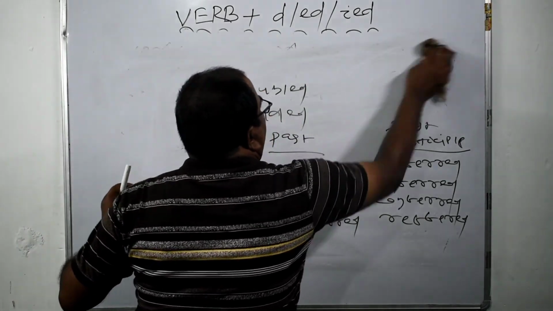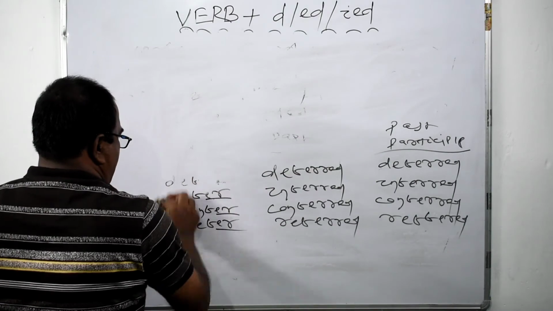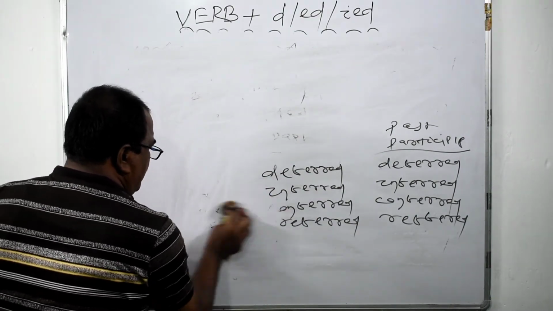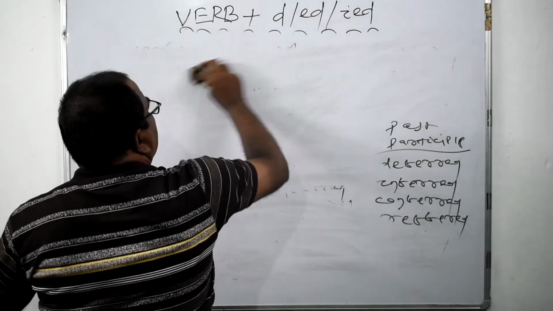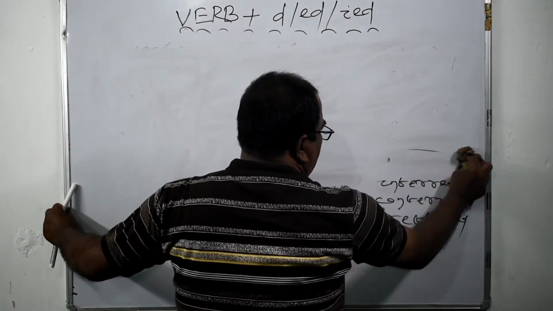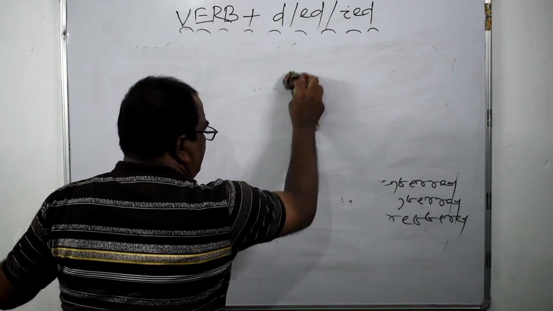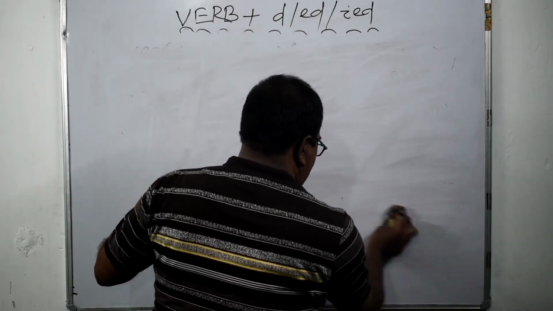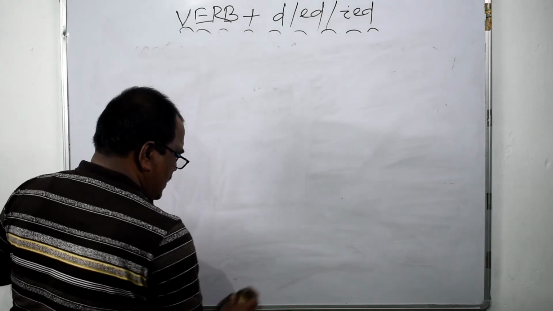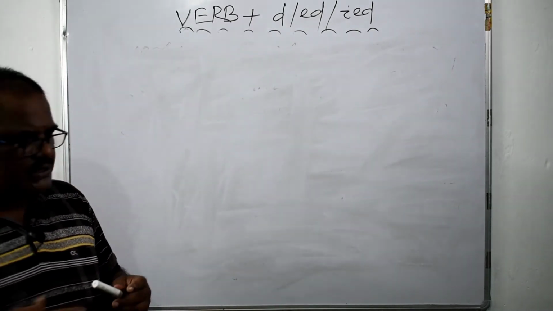Next, rule number 10, which is also very important for you to remember. My dear students, it is my suggestion to you that at the time of writing correct English, you have to follow these rules.